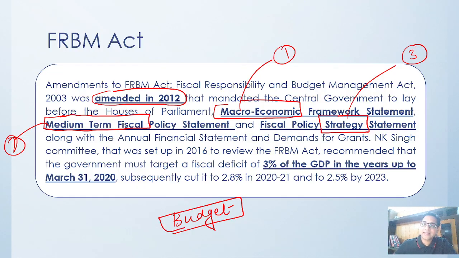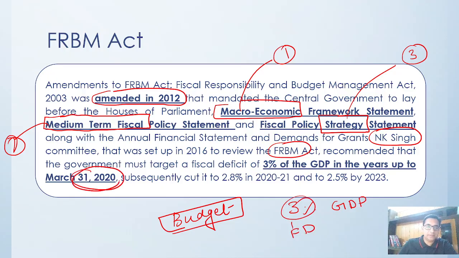So this NK Singh, who was earlier the Finance Commission chairman, reviewed this FRBM Act and said that government can reach 3% of GDP fiscal deficit up to March 2020.